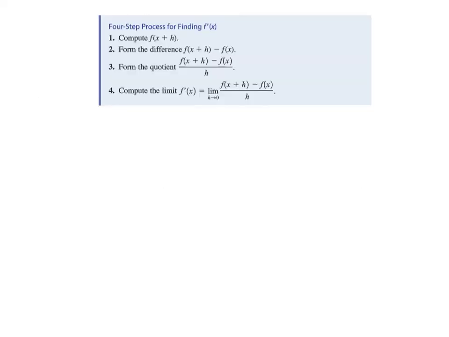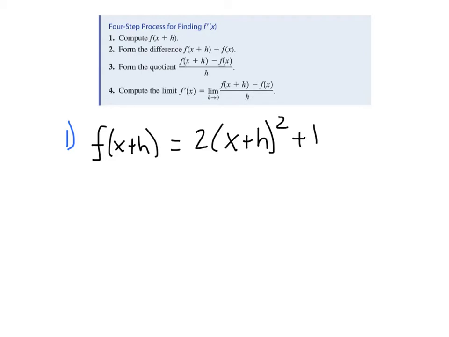So we begin this problem using our four-step process for finding the derivative. In step 1, we're simply going to compute f of x plus h. That means we plug x plus h into our function, and then if we do our algebra correctly, we'll get an expression. So that's going to be 2 times (x plus h) quantity squared plus 1.